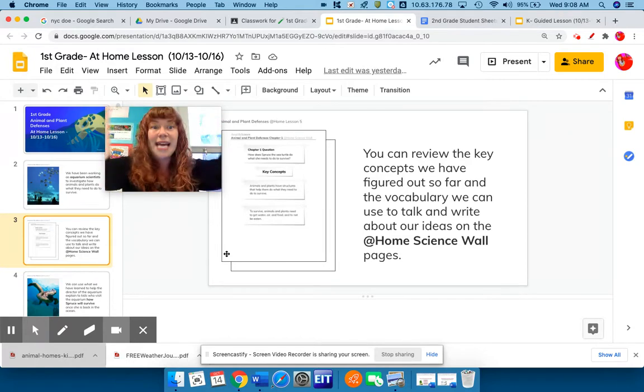And we also know that in order to survive, we need food, water, air, and to not be eaten. And that's true for plants and animals.